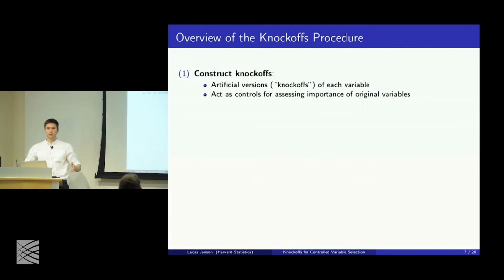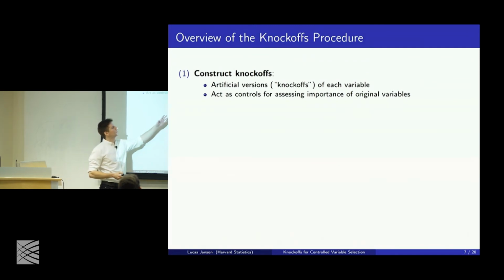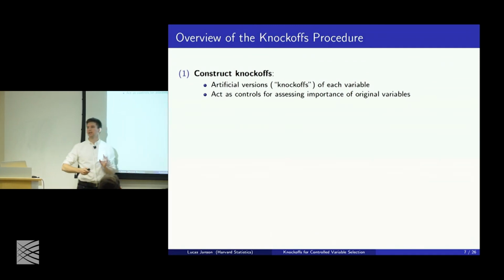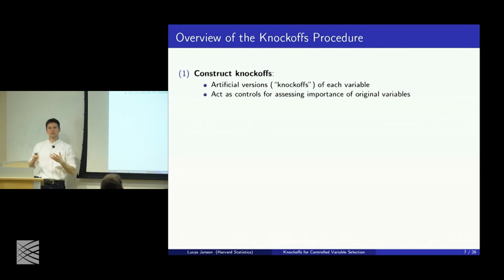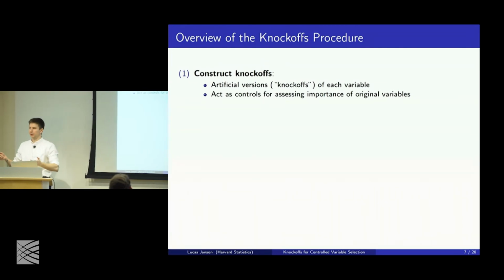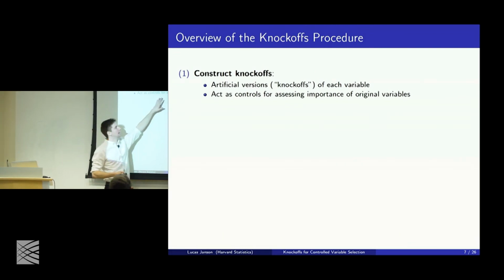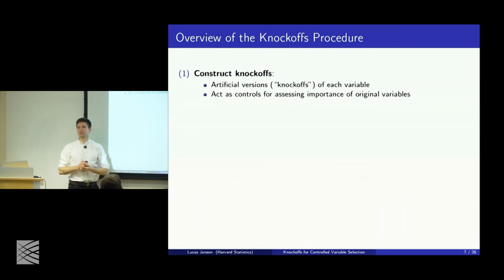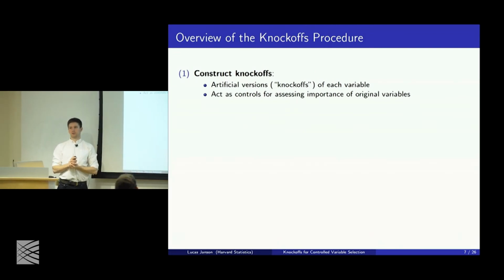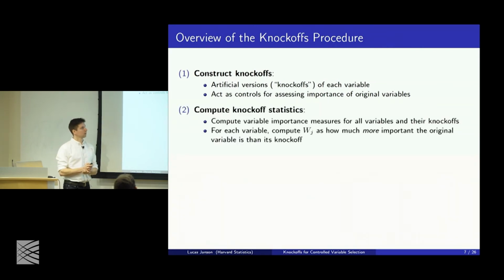I'm not going out and collecting new data. These P new columns of fake data somehow need to mimic the original data in some way, but they're fake, so they're all null variables by my definition. I'm going to use those as controls for my original variables. That's the intuition behind the purpose they serve.